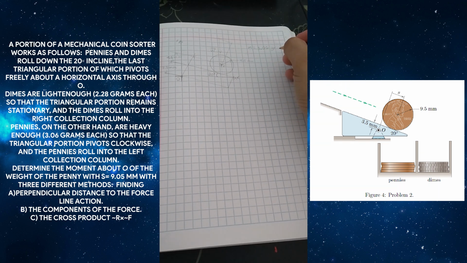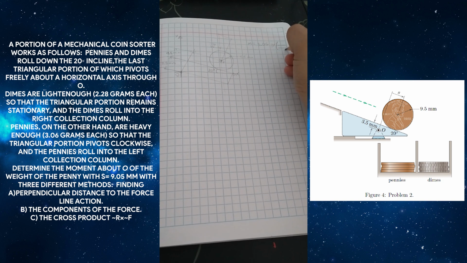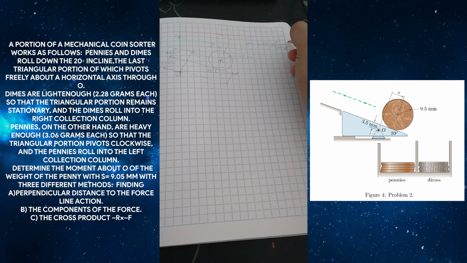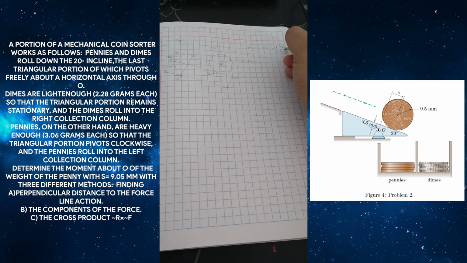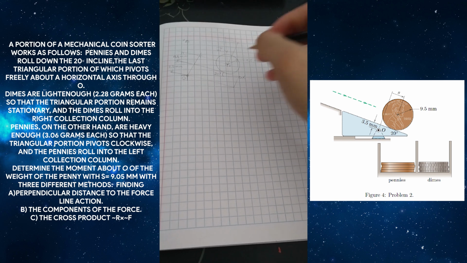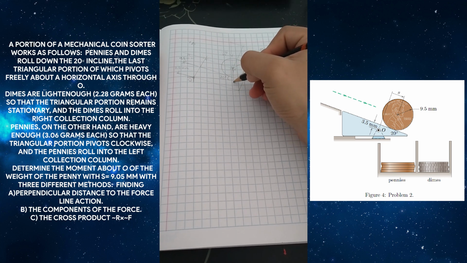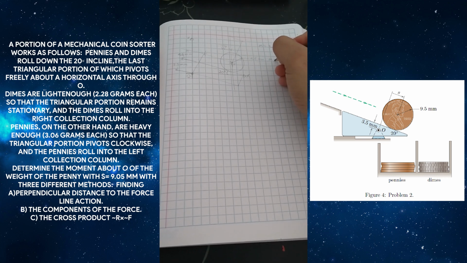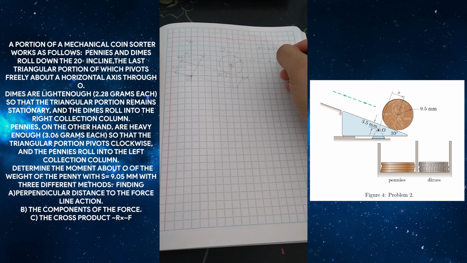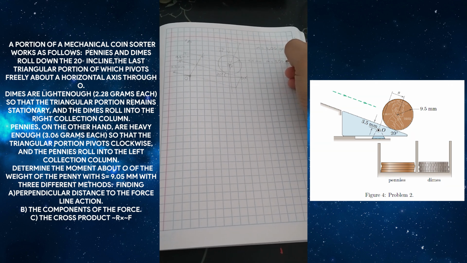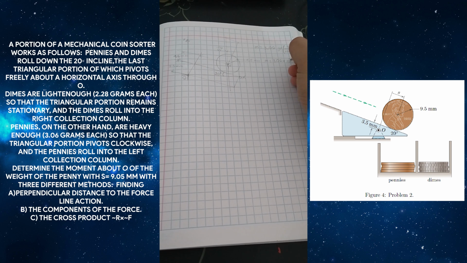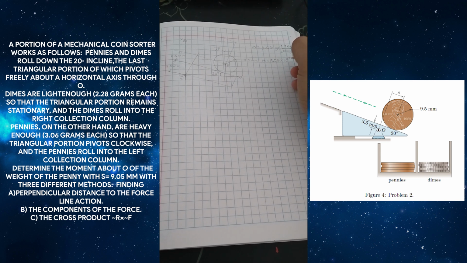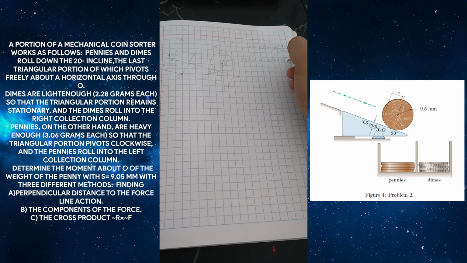To do that, we only need to multiply by a conversion, that is 1,000 grams is equal to 1 kilogram. So the mass is equal to 3.06 times 10 to the power of minus 3 kilograms.